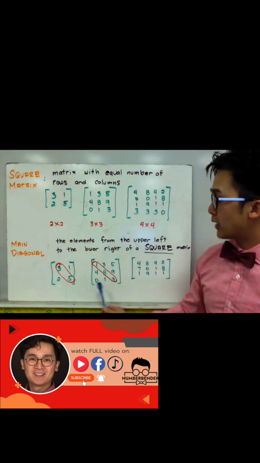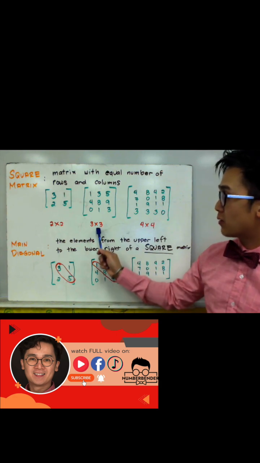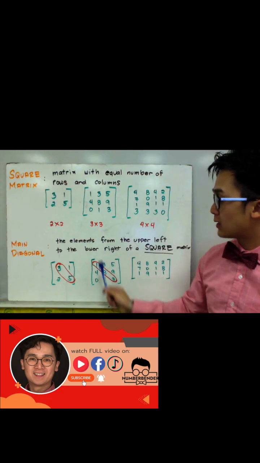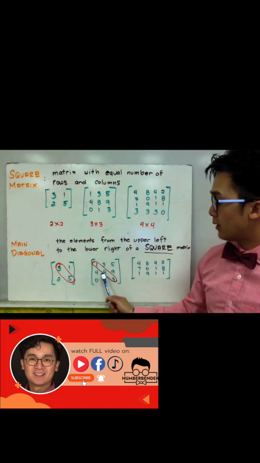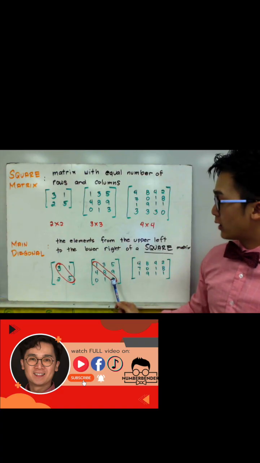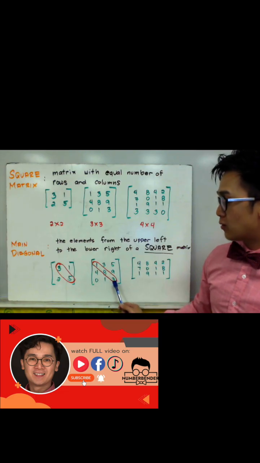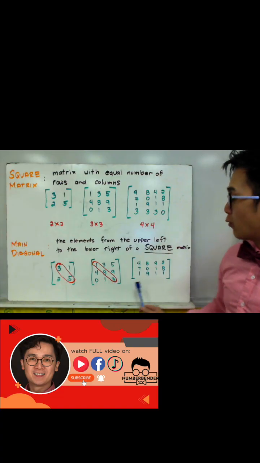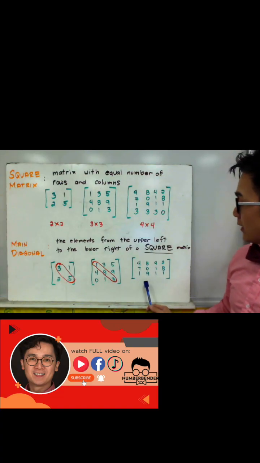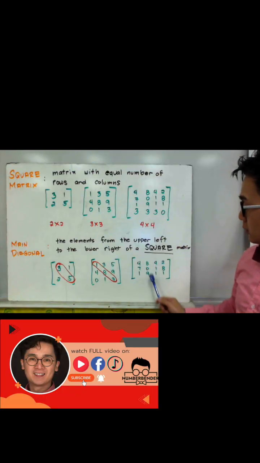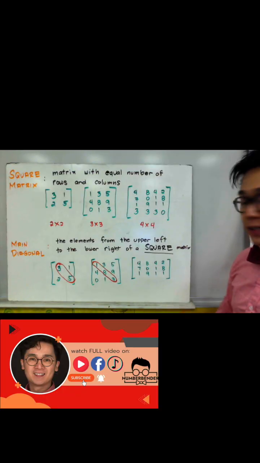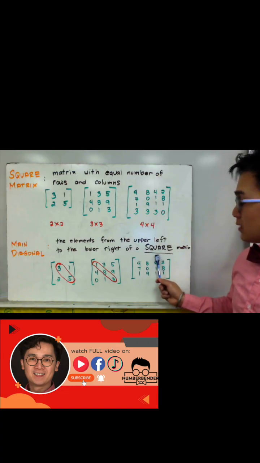And for the second matrix, a 3 by 3 matrix, the main diagonal will be 1, 8, 3, because according to the definition, they are the entries from the upper left going to the lower right. For our third example, this is a 3 by 4 matrix, so it is not a square matrix.